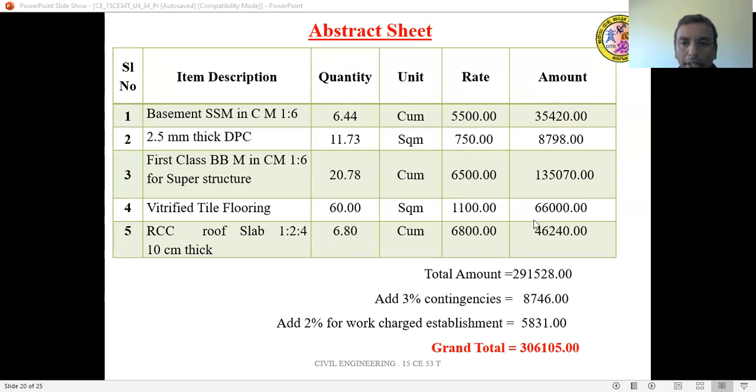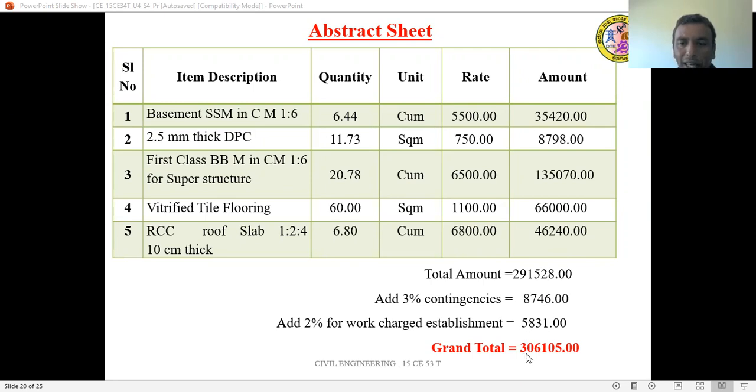After getting all the amounts, by adding the values 1, 2, 3, 4, 5, you will get the total amount, which is 2,91,528. By adding 3% of contingencies, which is equal to 8746, and by adding 2% of work charged establishment, which is equal to 5831, you will get the grand total by adding these three values: 2,91,528 plus 8746 plus 5831.